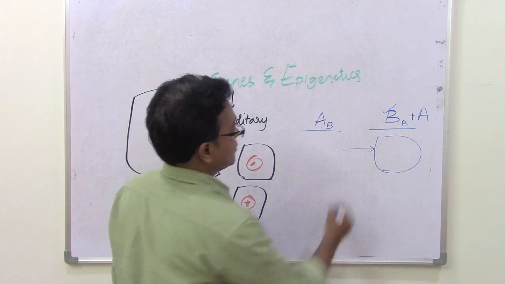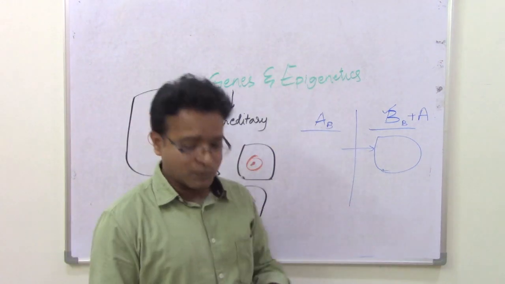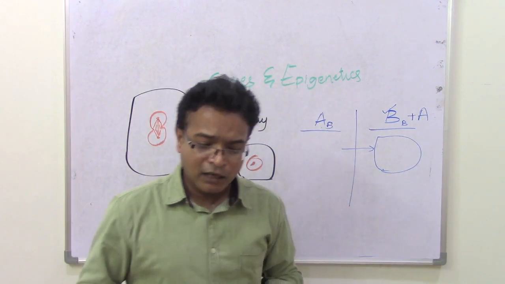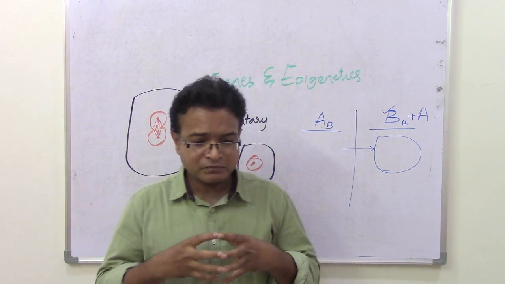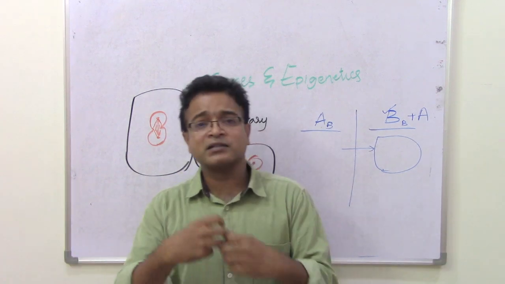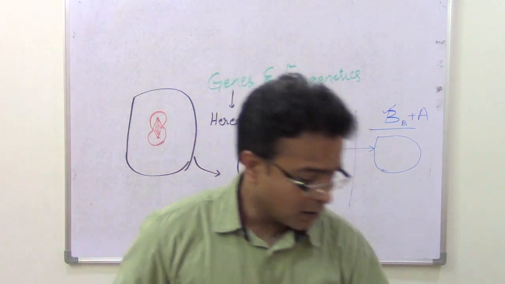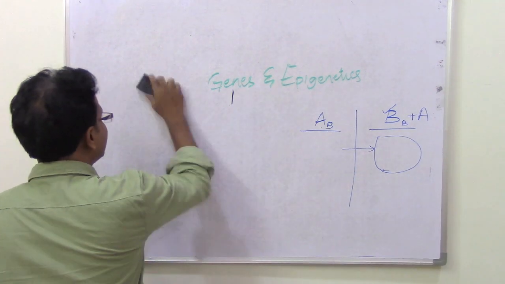Tests like this were designed and conducted, and they concluded that yes, through DNA the hereditary traits are passed on. Then they looked at the structure of DNA. We all know the structure of DNA is a double helix.